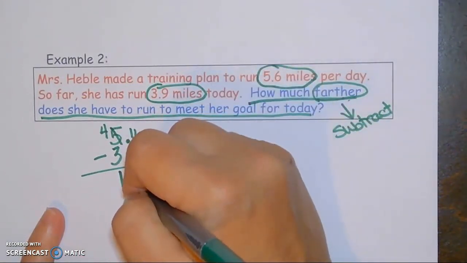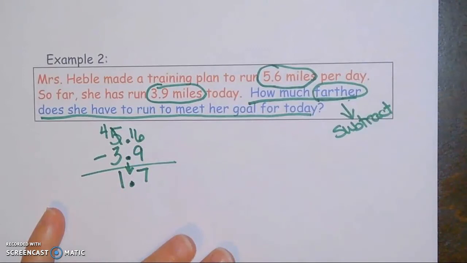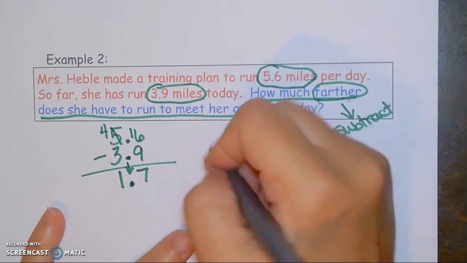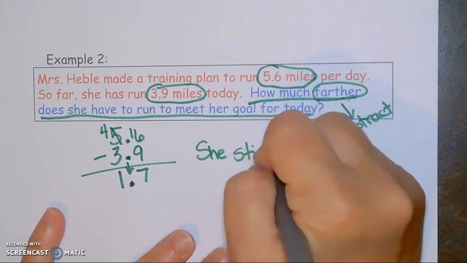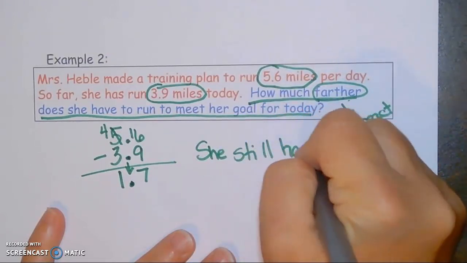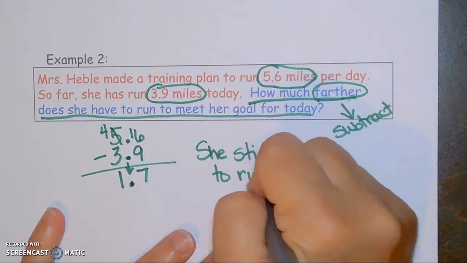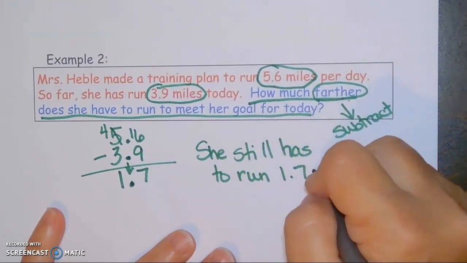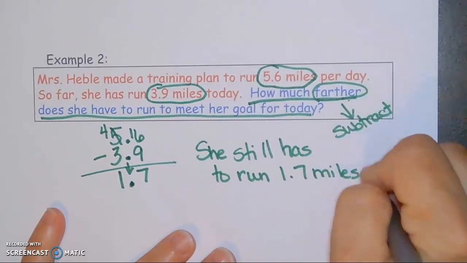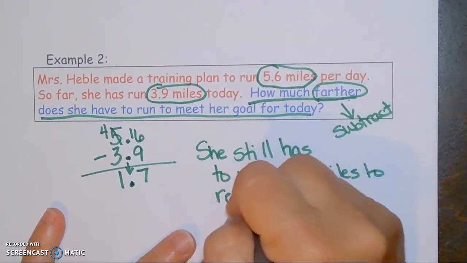And bring your decimal down directly into your answer. So now I can say that she still has to run 1 7/10 miles to reach her goal.